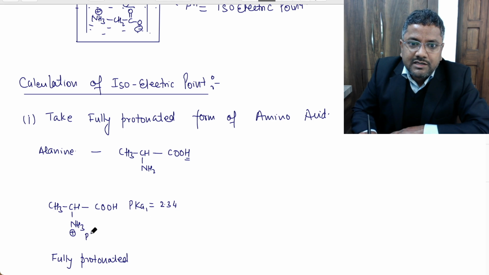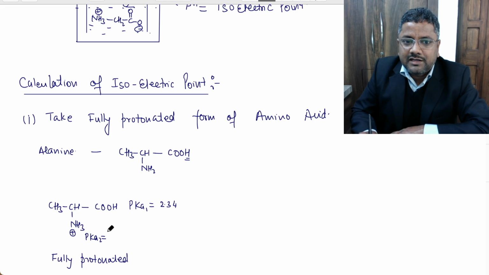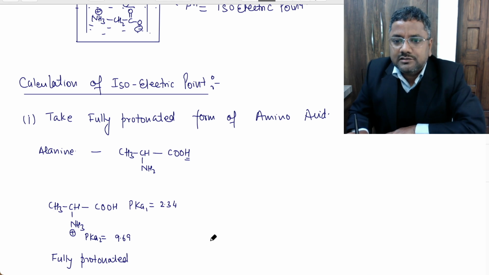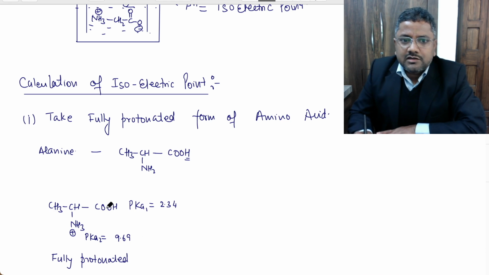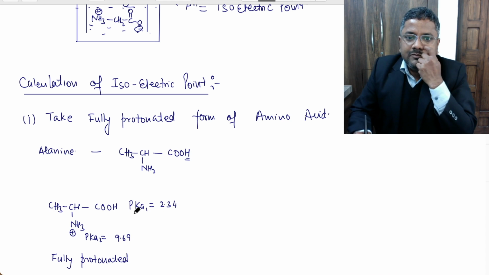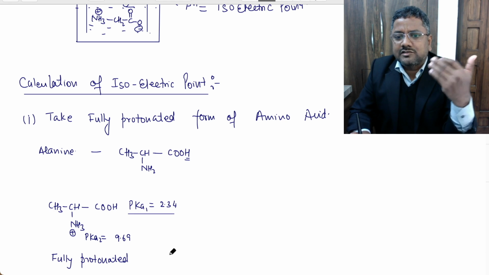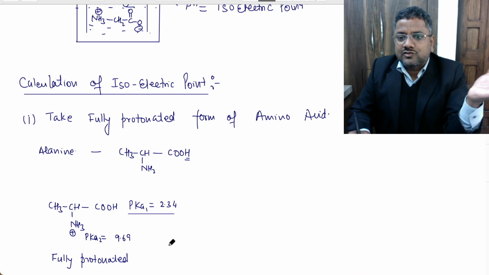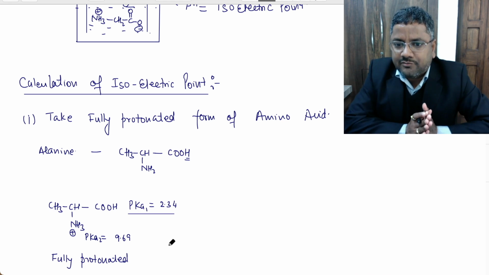And pKa2 for this proton, the NH3 plus proton, this H plus from here, is 9.69, right? Sometimes 3 or 4 acidic and basic groups are there, so you have to take all of those in a fully protonated form.